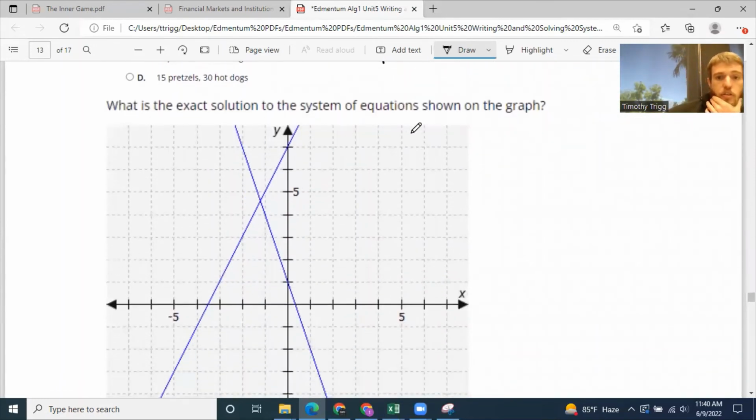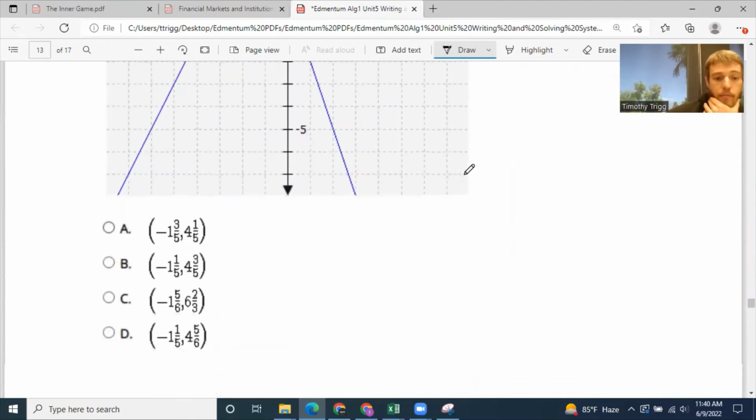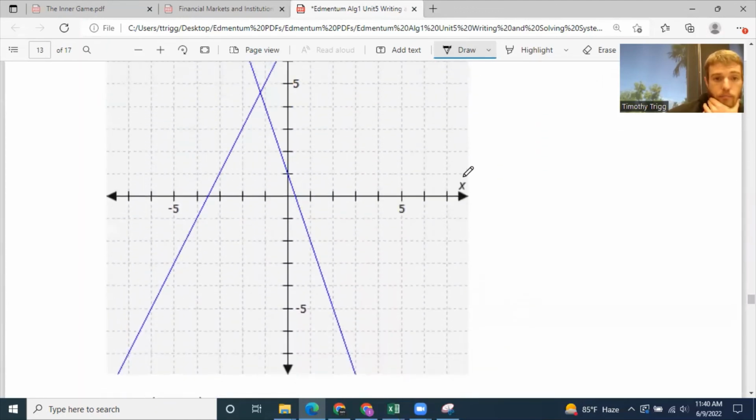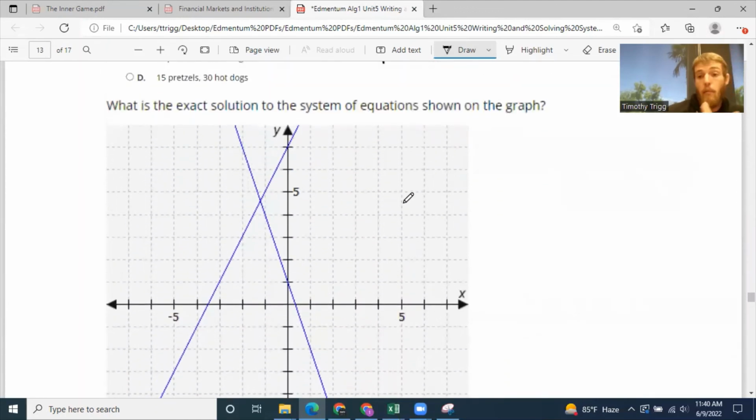So, what is the exact solution of the system of equations shown in the graph? Okay, well, what I would want to find is the equation for both of these lines. Let's go ahead and find the equation for this line first. Well, the first thing I would see is my y-intercept is 7.